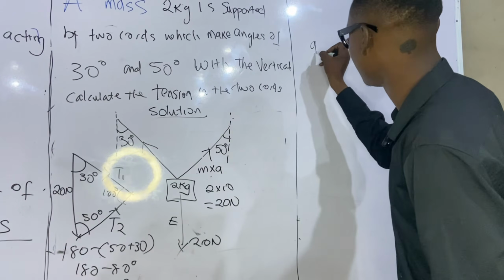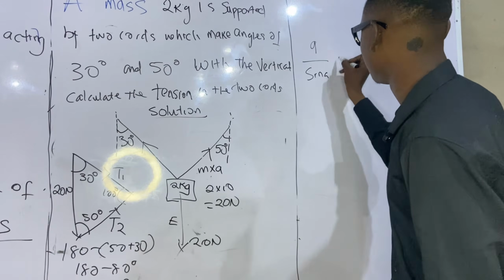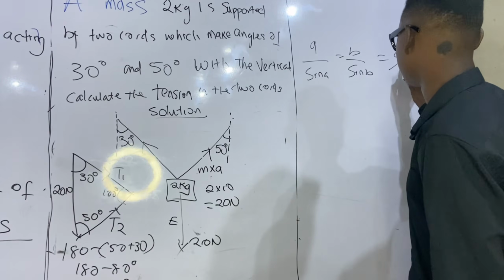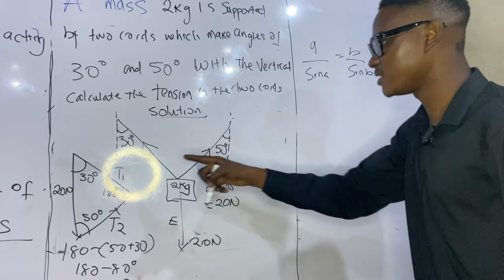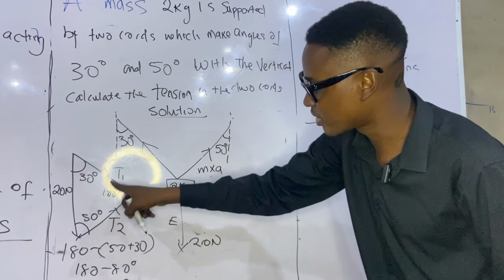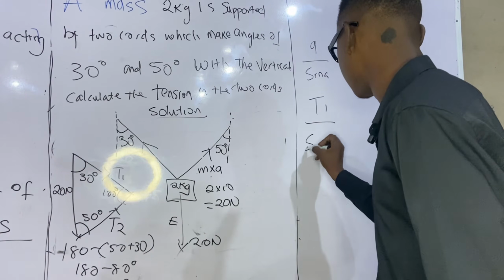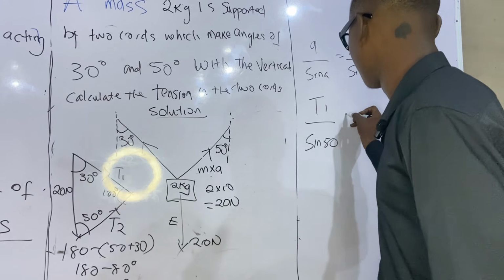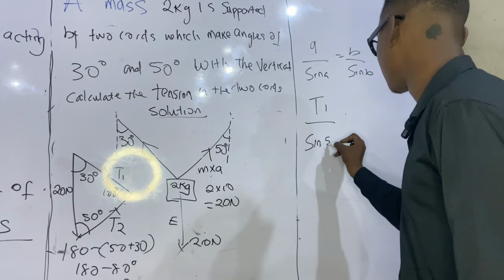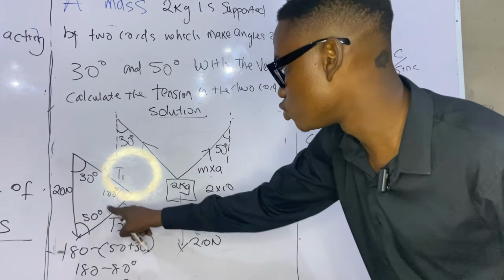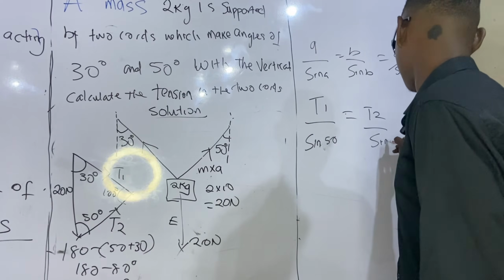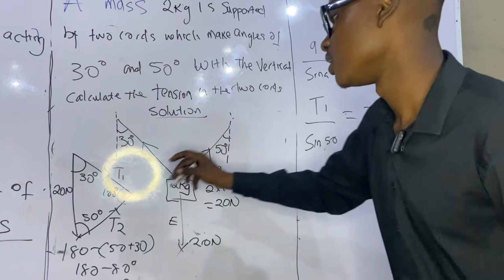That is A over sine A equal to B over sine B equal to C over sine C. So we can say T1 over sine 50, since the angle opposite T1 is 50, equal to T2 over sine 30.